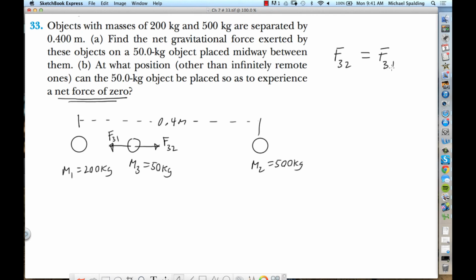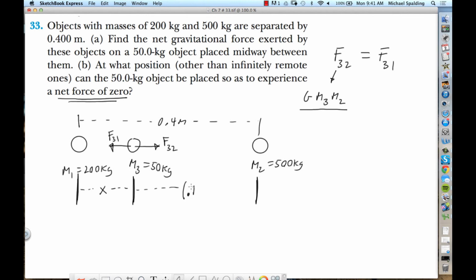Okay? Now what's the equation for force here? What's the equation for gravitational force? G M3 M2 over distance squared. Okay, let's deal with our distances here. Let's call the distance from M1 to M3, let's call this distance x. So what's the distance going to be from M3 to M2?